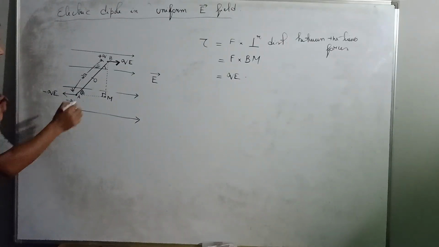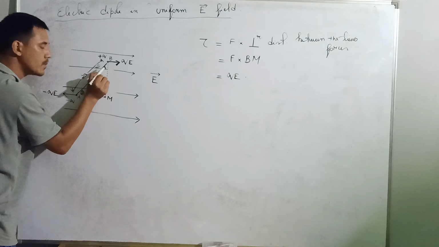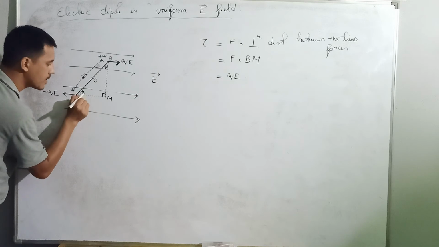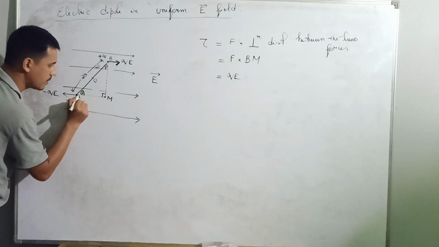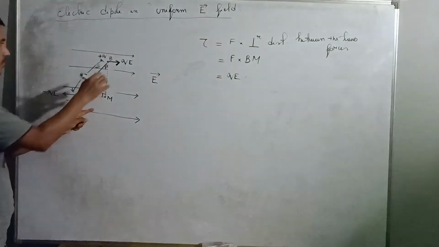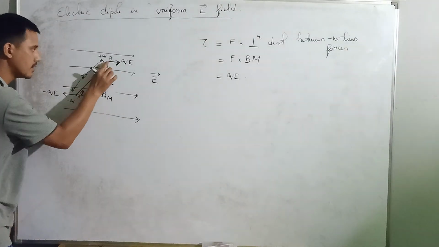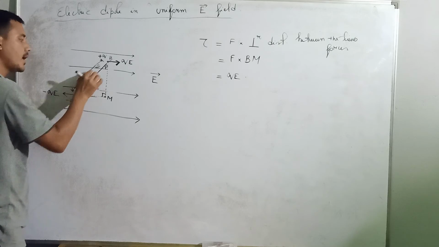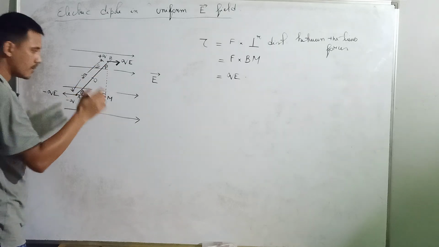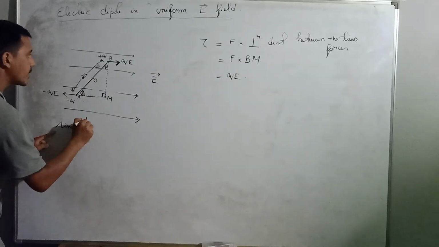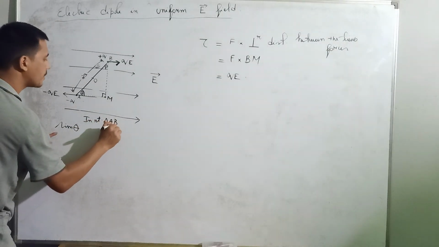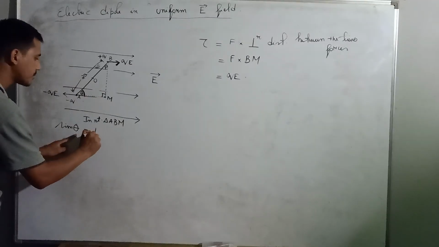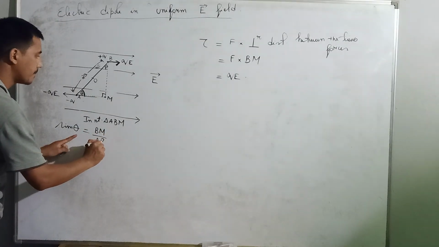What is your BM here? If we are assuming that the dipole makes an angle theta with the field E, then in this right triangle ABM, sine theta will be the side opposite to angle theta, BM, upon the hypotenuse AB.